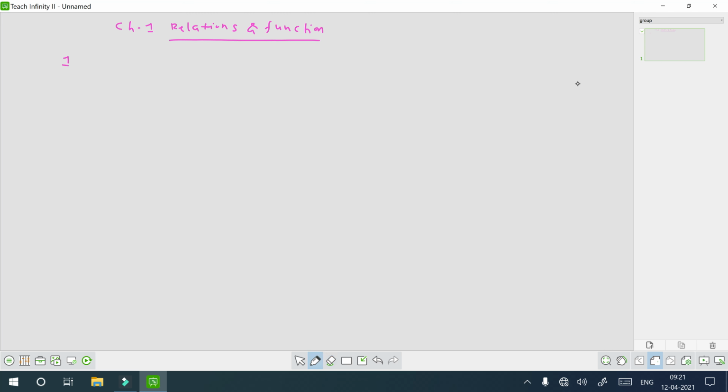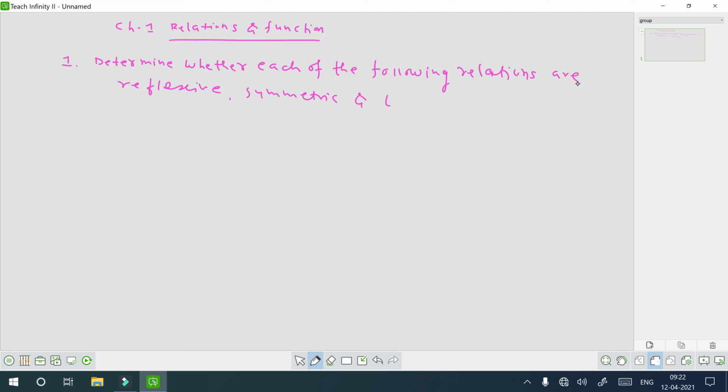Example number 1 says: determine whether each of the following relations are reflexive, symmetric and transitive.